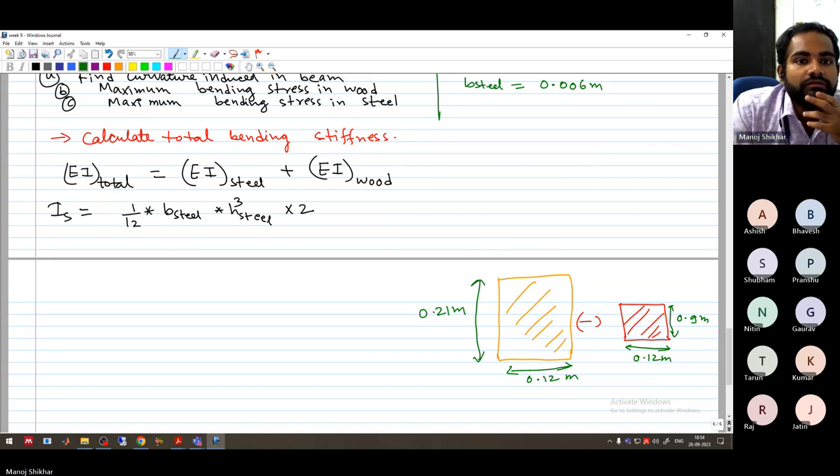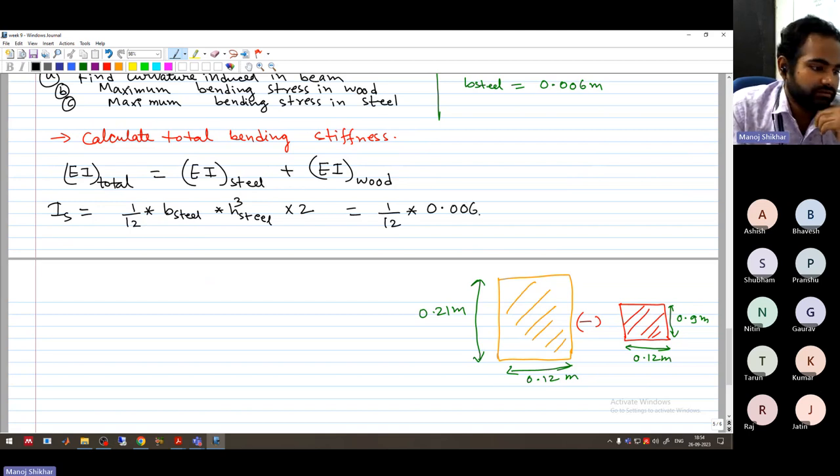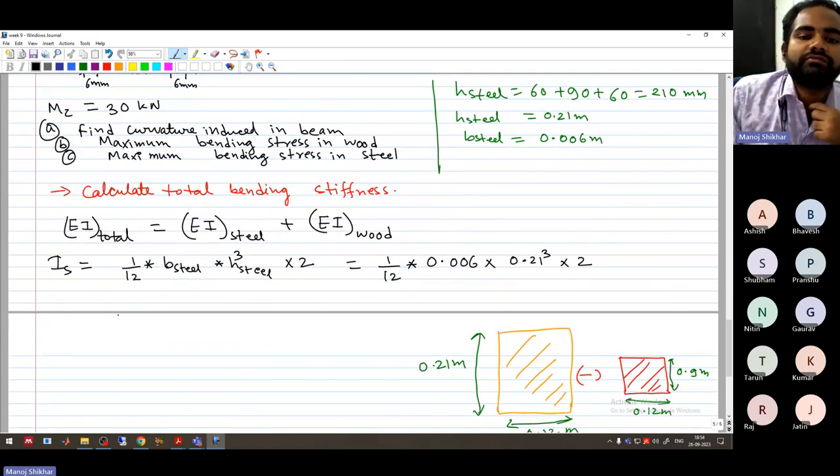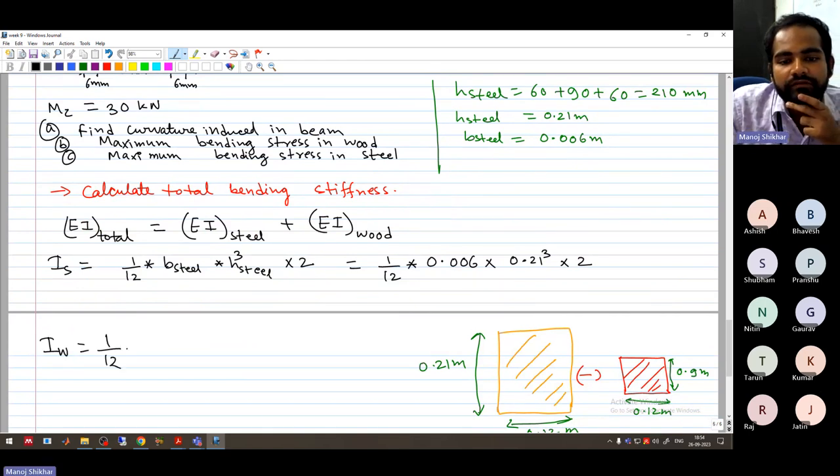So we have to just substitute it here. I steel is 1 by 12 into 0.006 into 0.21 cube into 2. This 2 is coming because there are two steel strips. Keep in mind, 1 and 2. There are two steel strips, right? So that's why I'm multiplying it by 2. IW is what? 1 by 12 into, let's say W1 and W2. Okay.